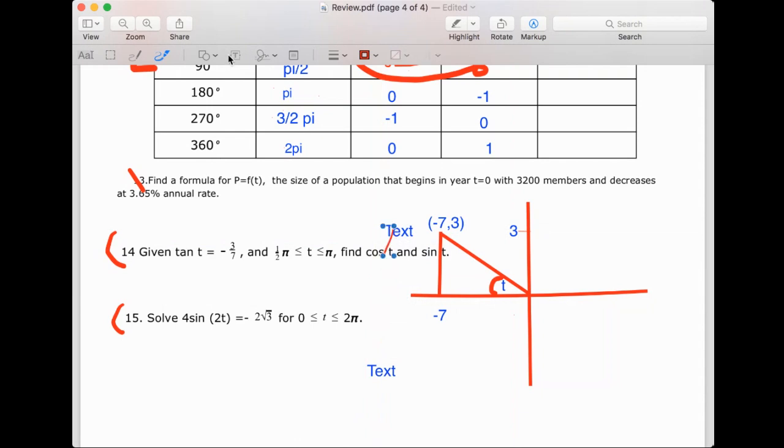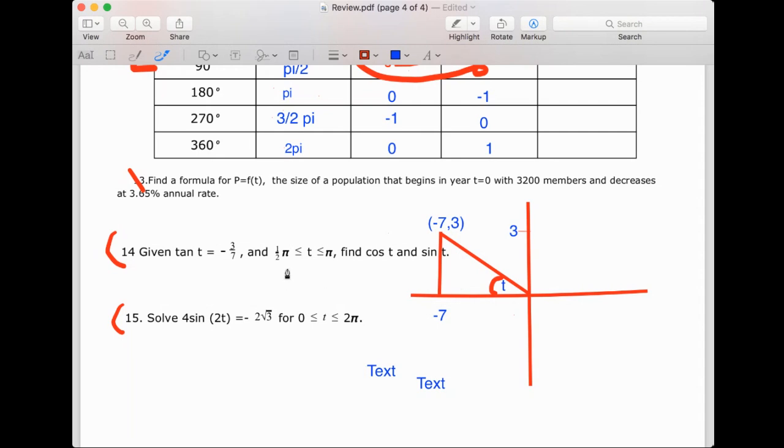Our terminal point is negative 7, comma 3. So the y value is positive 3, x value is negative 7, because we're looking at the triangle here.